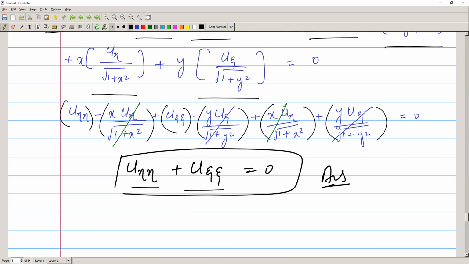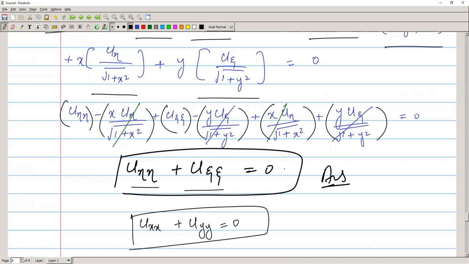You can see that from a complex equation we came to a simpler equation. It's a simplified form, and again it's a second order partial differential equation having two independent variables, psi and eta. Right, so it's a form of the Laplace equation. If you remember, the Laplace equation was like this: uxx plus uyy equals 0, right?